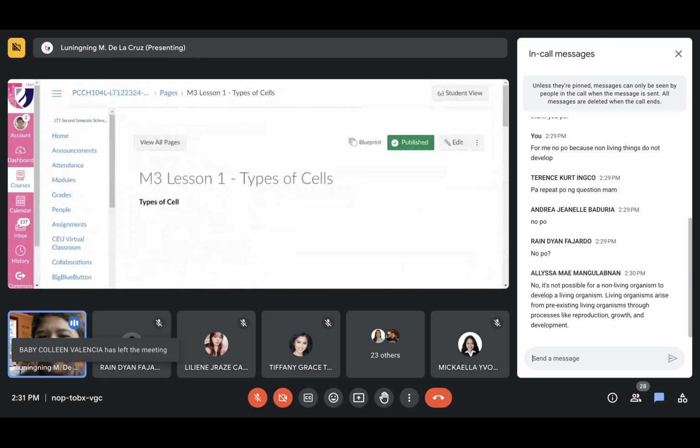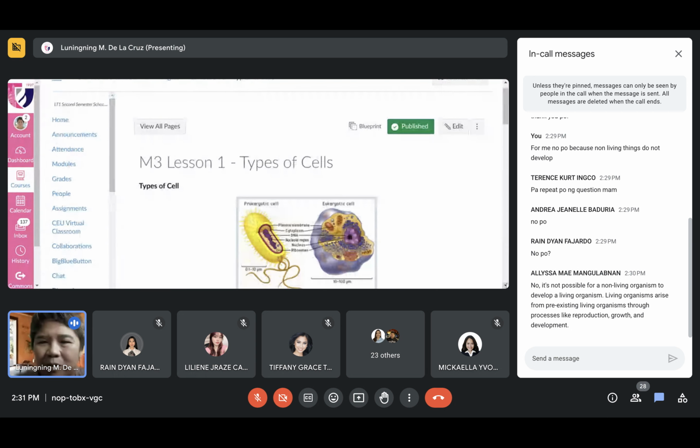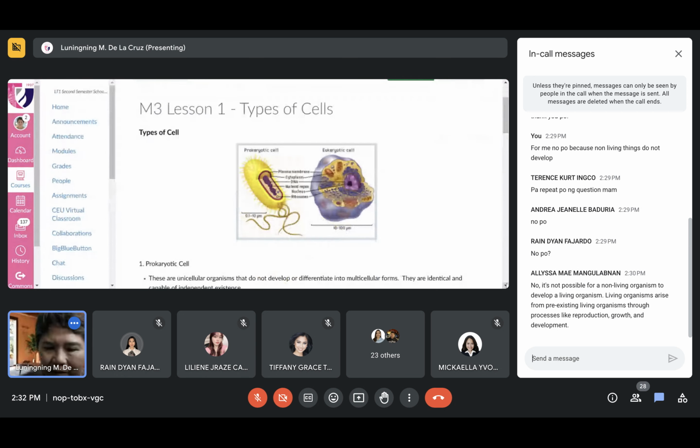Okay. So there are two types of cell, the prokaryotic cell and the eukaryotic cell. When we say prokaryotic cell, it means it does not have any nucleus. Eukaryotic cells have a distinct nucleus. Okay, as you can see from the illustration here.